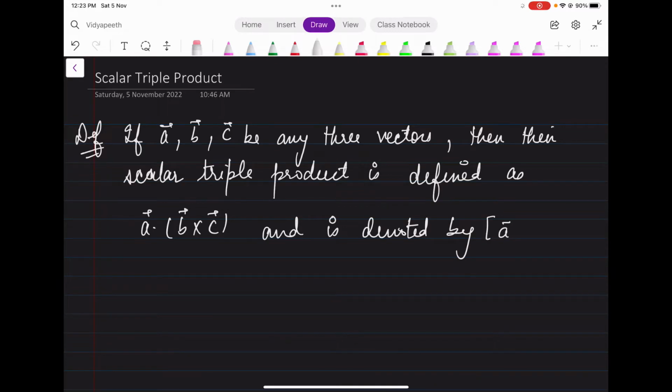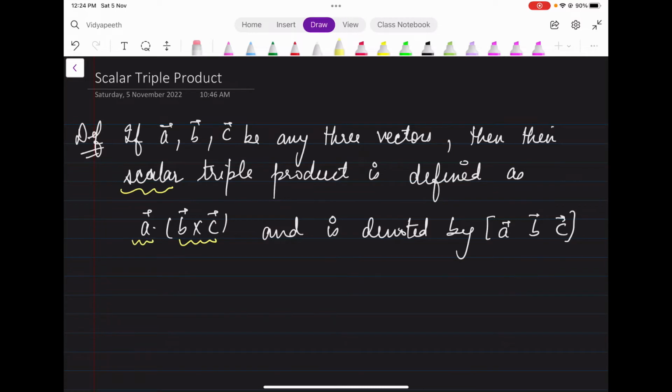a box of A vector, B vector, C vector. Now what is the actual meaning of this notation we will explore in the upcoming class, but that is the basic definition of the scalar triple product, that is A dot B cross C. Since we are saying that this is a scalar triple product, B cross C will give you a vector.